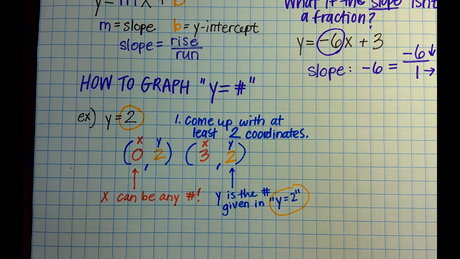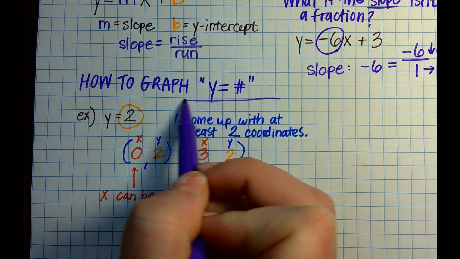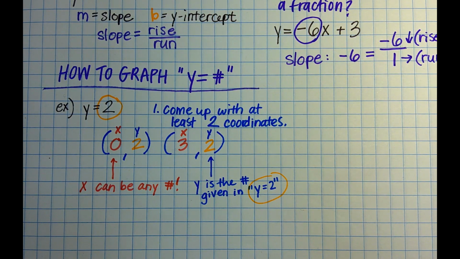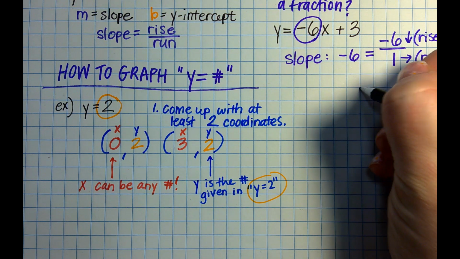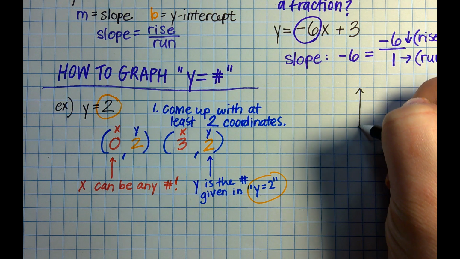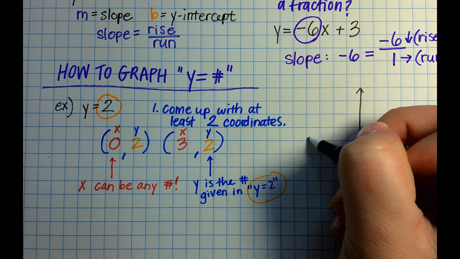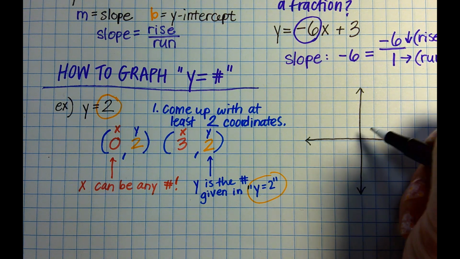Okay. And we're going to take these coordinates and put them on a graph. And I'll show you that next. So I'm going to make a little graph beside this here. It doesn't have to be too big. It doesn't have to be perfect.